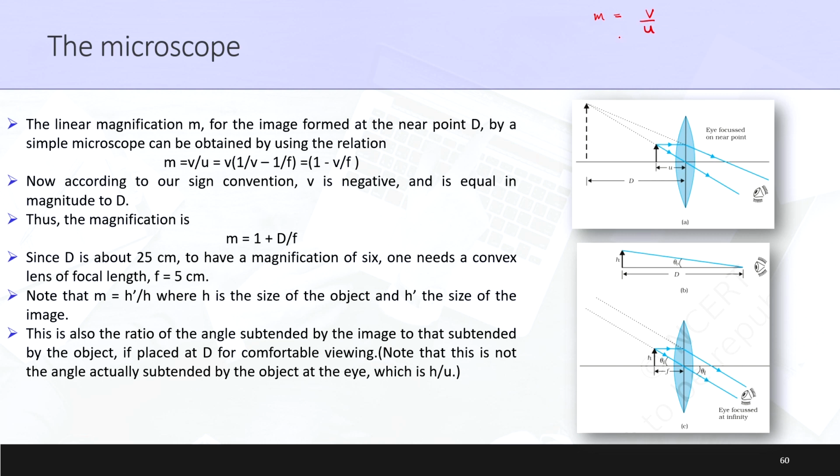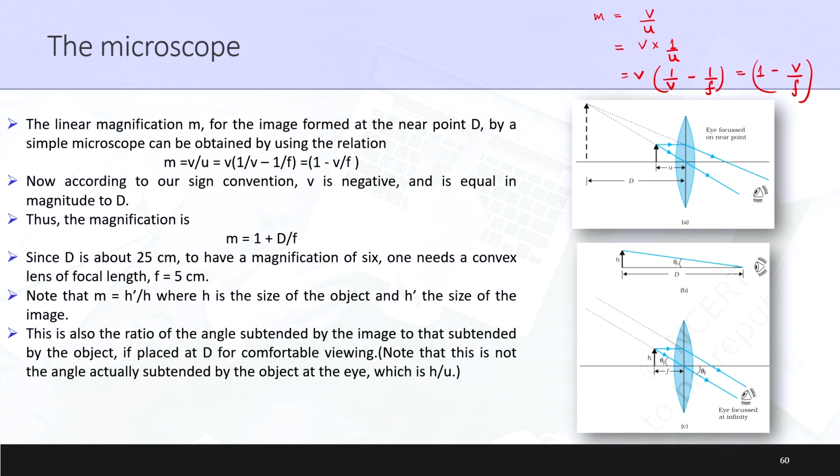In the place of u we write 1 by u equal to 1 by v minus 1 by f. Multiplying by v on both sides, we get m equal to 1 minus v by f. So, this is the magnification of the microscope.